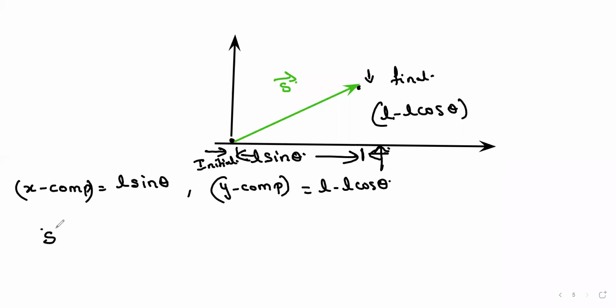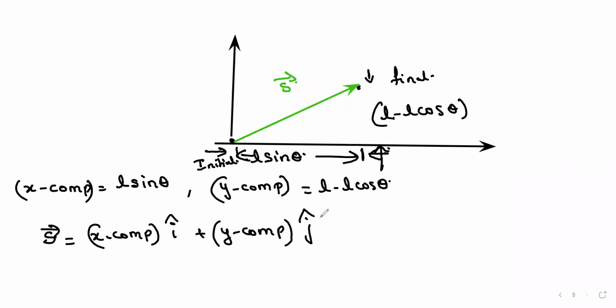So the displacement vector is L sin theta i plus L minus L cos theta j.